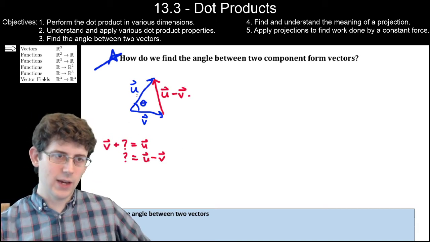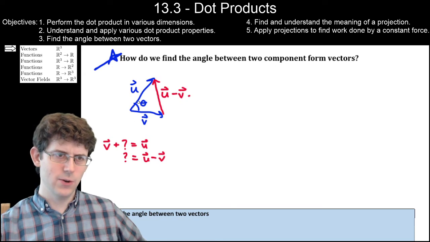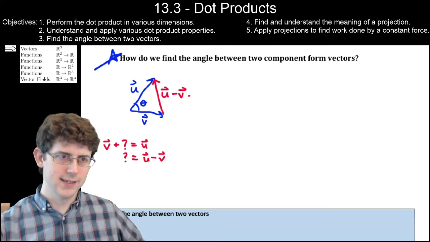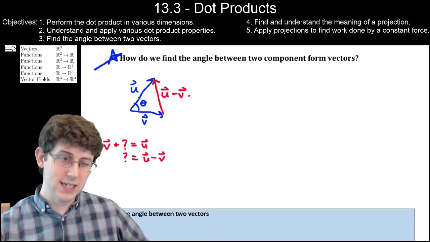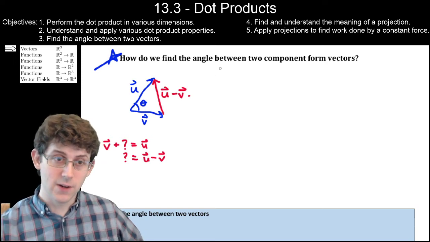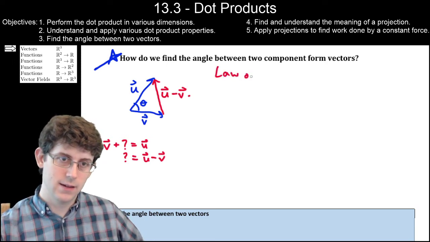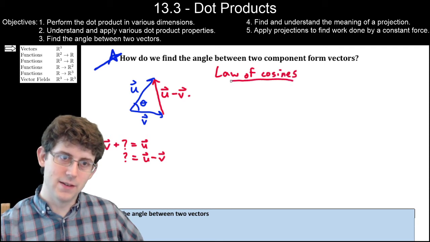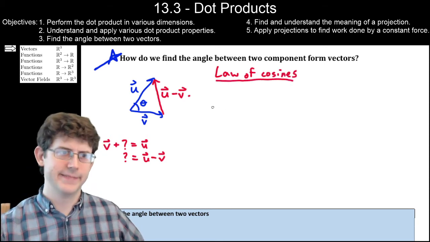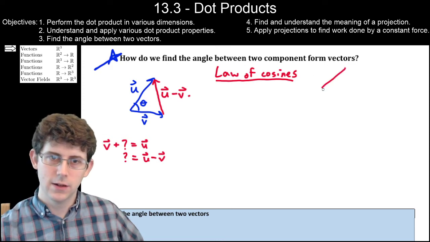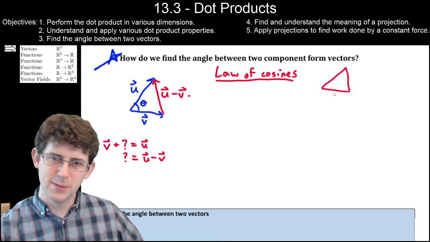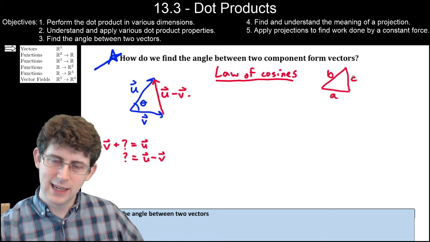Then we can say, okay, I know some facts about triangles, and in particular, the one I'll use here to get at this angle is the law of cosines. I wonder if you remember the law of cosines. Probably not. Maybe? I don't know.